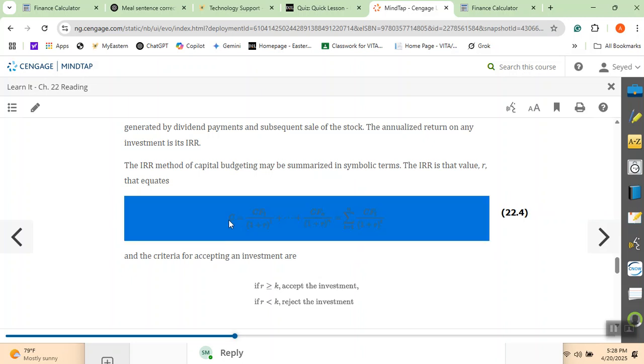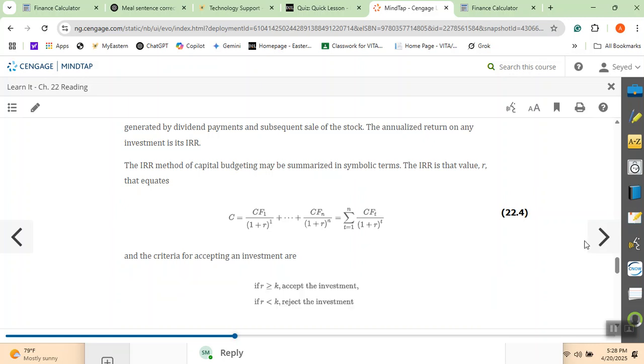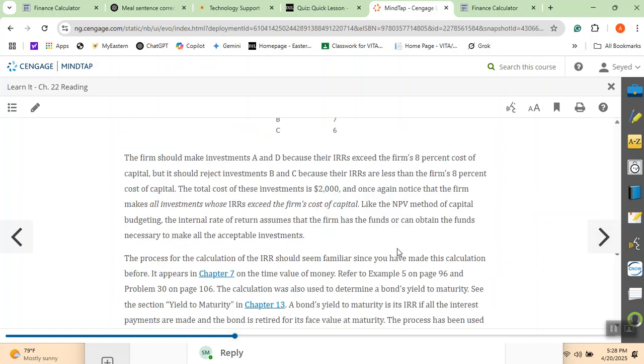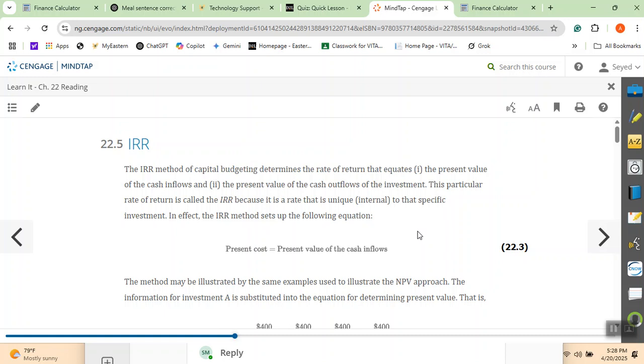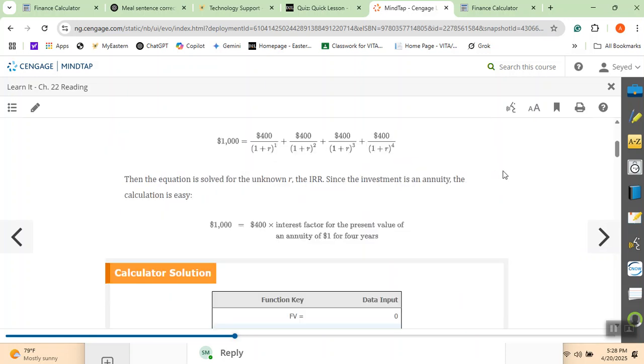If you look at it, on the left side is $1,000. CF1, do you remember it was $400 for 4 years? That's the meaning of that. They have just put it in one formula. But at the same time, what you see here is exactly what you saw in here. For example, here the example was for 400.